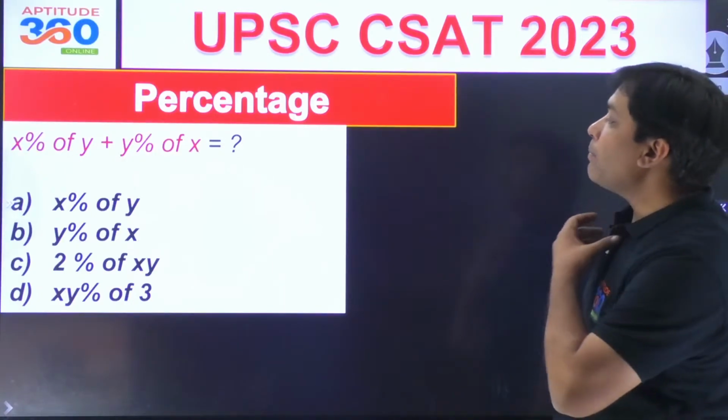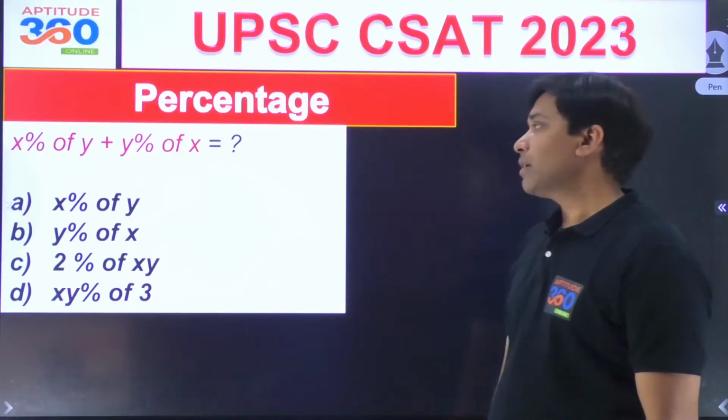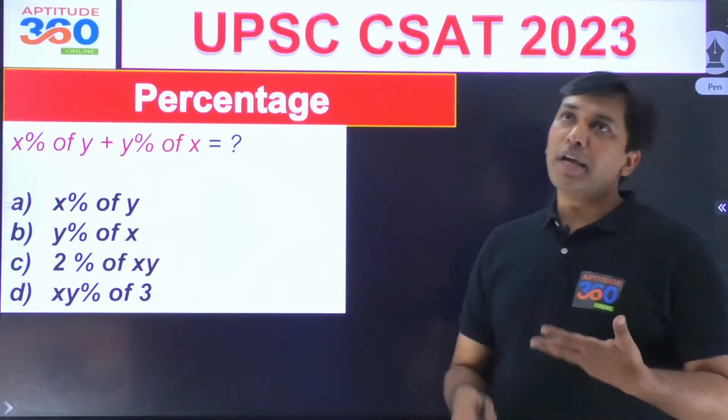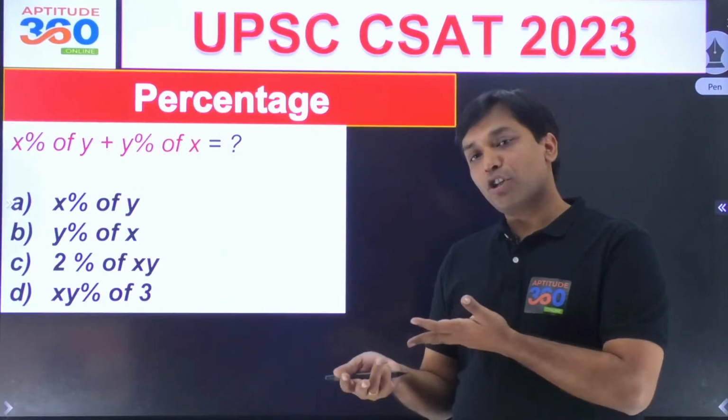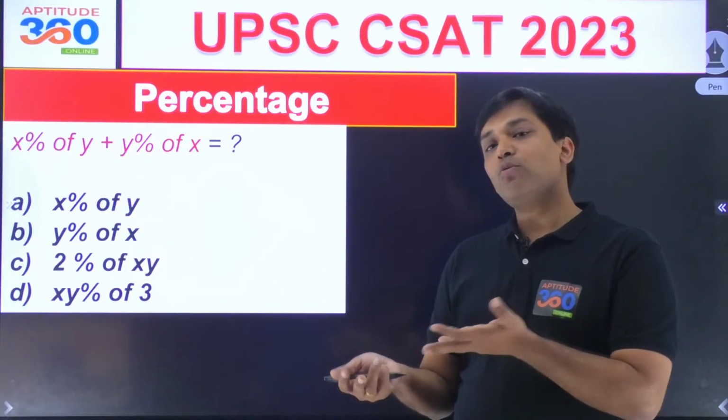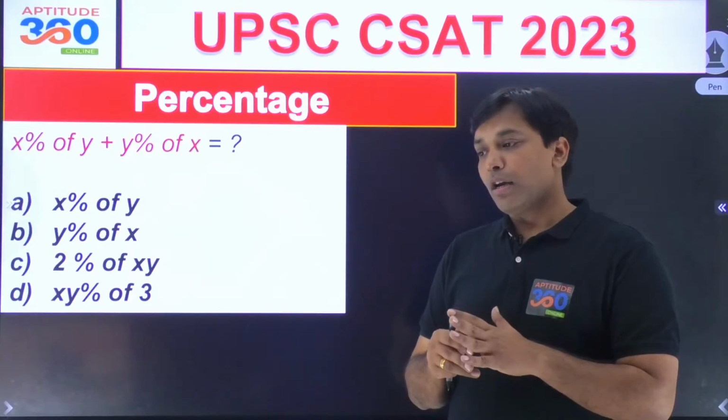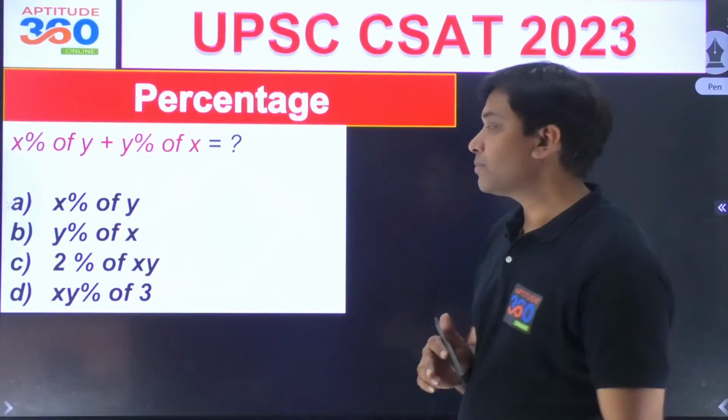X percent of Y plus Y percent of X. So I said that X percent of Y is equal to Y percent of X. Now the problem is asking you to add both of these two. What should be the option?